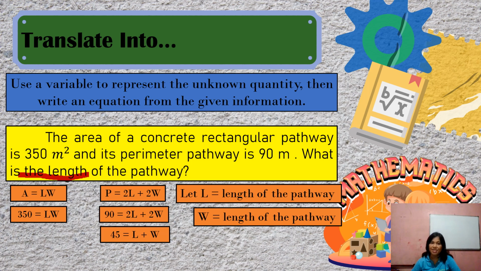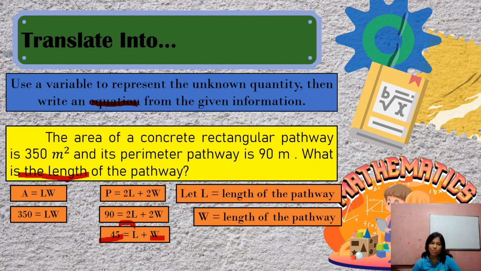In other words, we need a final equation in which L is present. So from 45 equals L plus W, we will express W in terms of L, or in other words, we will just remain W and then transpose this L to the other side.